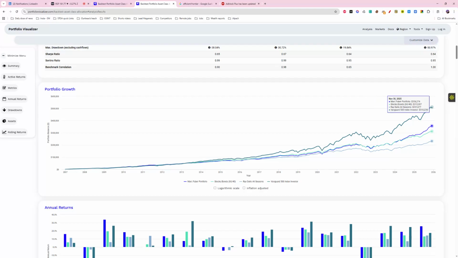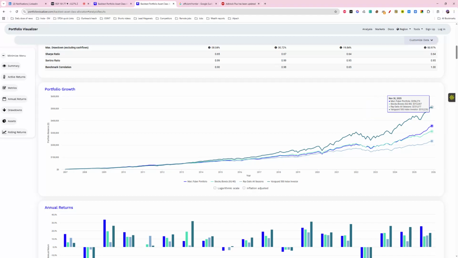And if we also add the stock and bond markets, there's some mistake over here. Okay, the S&P 500 is 500,000.